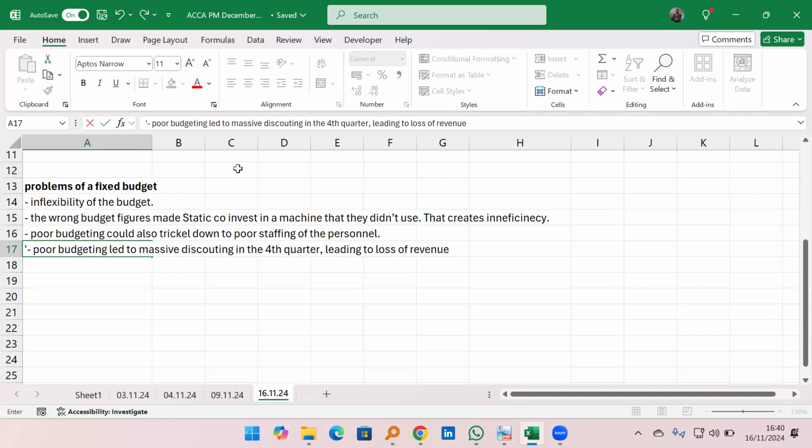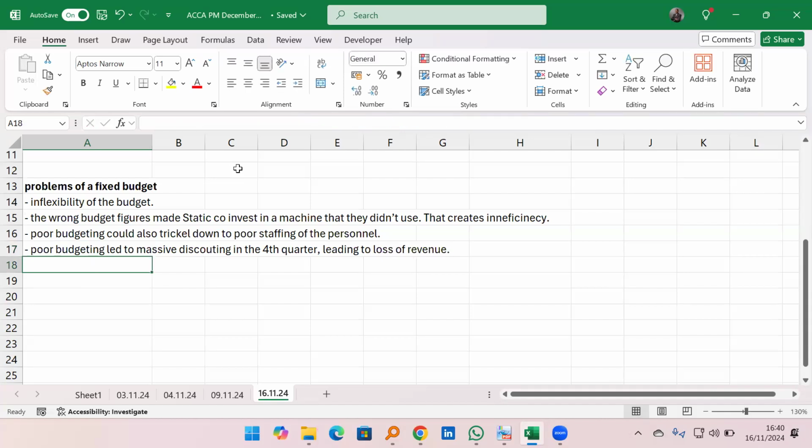Because they wanted to sell the units that they had planned to sell, they cut the price so that they could sell as many as they could. Of course, that means that you are selling at a lower price, so revenue was lost.